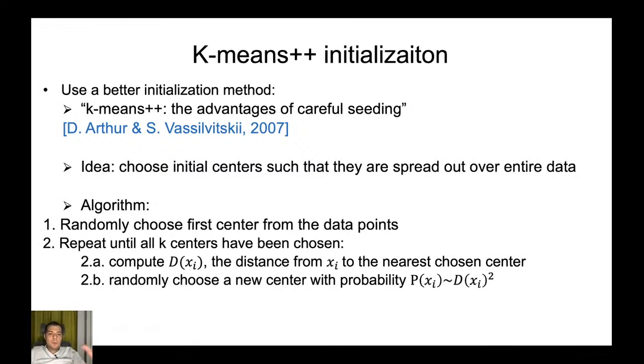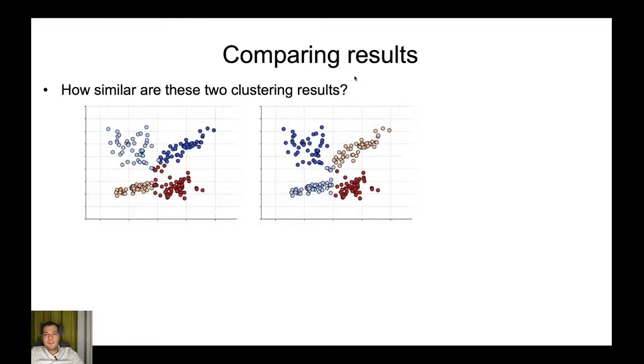So as a data point is farther away from the chosen centers, we assign it a higher chance of being chosen as the new center. Then we choose our second center and we repeat this until we get all k centers. Then we run the standard k-means algorithm. This is only a change in the initialization, and the algorithm is called k-means++.